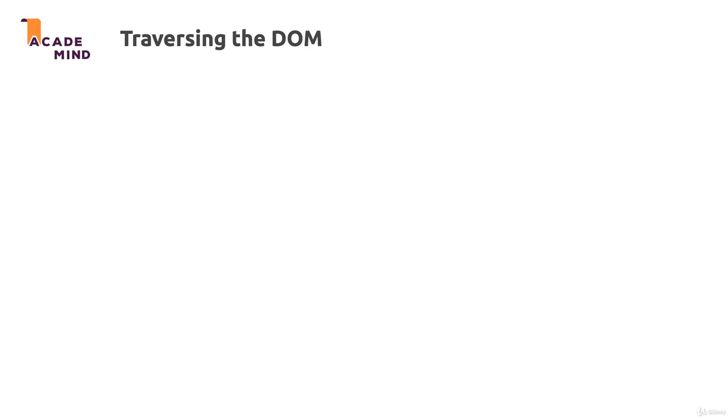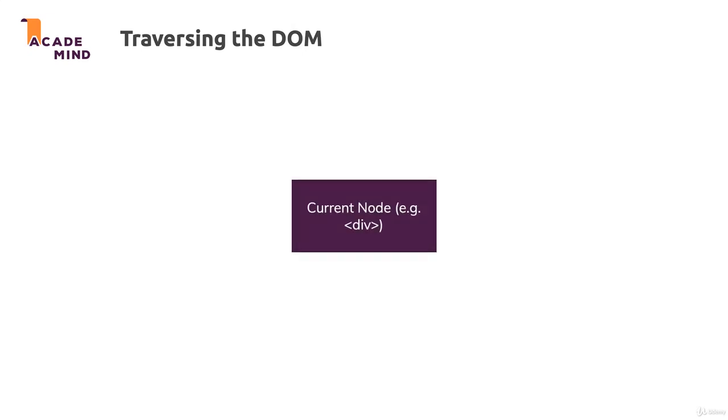It will be important to keep in mind when talking about DOM traversal and what you can do there. Now, as I said, DOM traversal means that you have a selected element, a selected node, let's say this div element node here, and now you want to dive into some of the surrounding or nested elements or nested nodes. And there you get a couple of directions into which you can go.